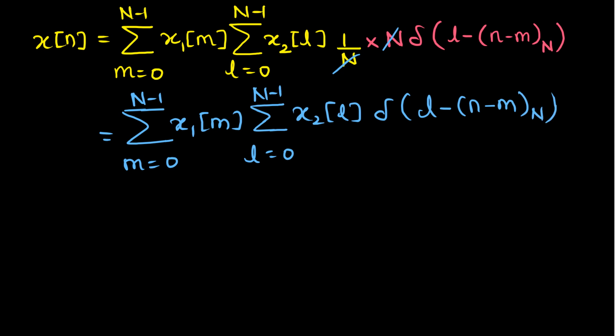So now using the shifting property of this unit impulse, this L can be simply replaced by n minus m mod n, and this factor can be taken outside the summation.